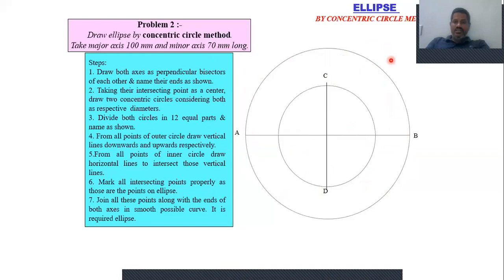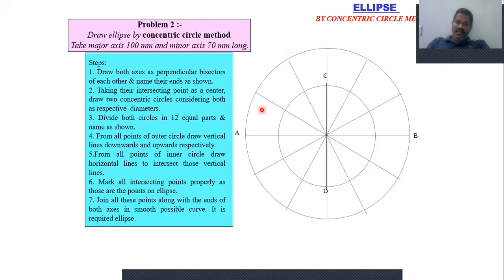Draw one more circle. Then divide these two concentric circles into 12 equal divisions. 12 equal divisions, 30 degrees, 30 degrees, 30 degrees. So if we draw the 30 degree lines one after the other, this 360 degrees will be divided into 12 equal divisions. Now name all those points 1 to 12 here.